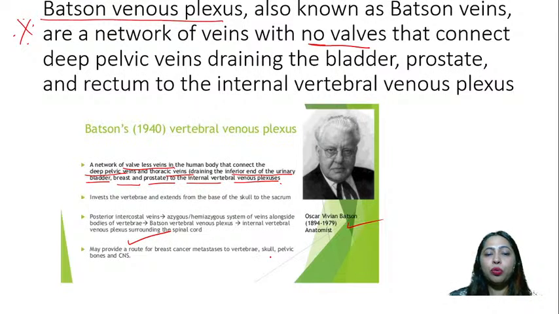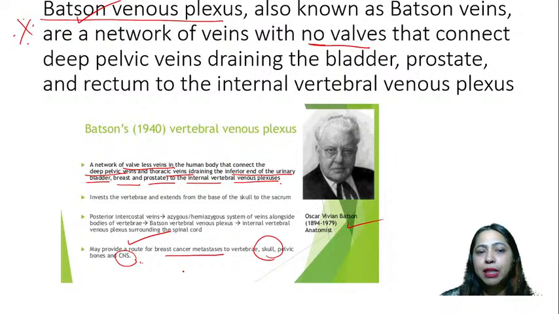It can also transfer to the skull, pelvic bones, and it could also enter the CNS. So it is very important. When you study the mammary gland, you should also put a light on this plexus called Batson's plexus, and see how it spreads. See what the tributaries and communications are. If you know, it is very easy.